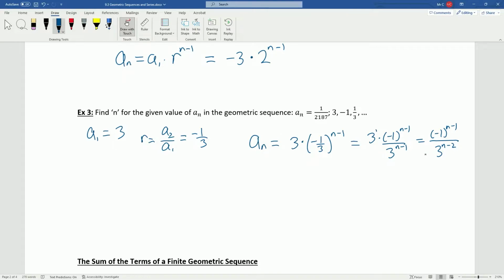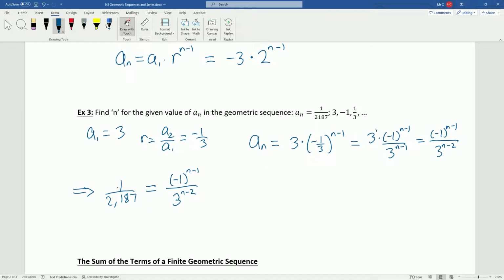Now, that becomes a little weird. So let's see what happens here. This is often something that I think students find a little tricky, but it's not as hard as it seems. We get -1 to the n minus 1 over 3 to the n minus 2. So I need to know that -1 to the n minus 1 is going to be equal to 1 here.